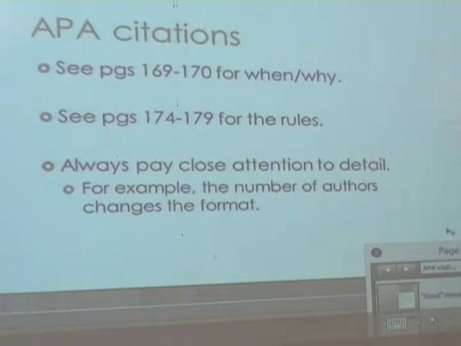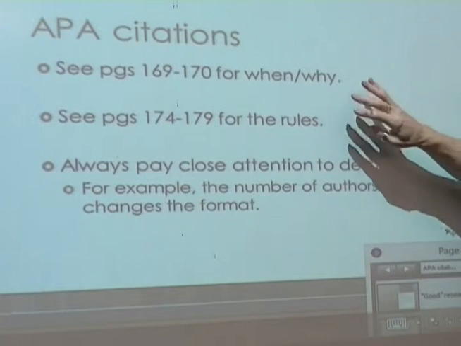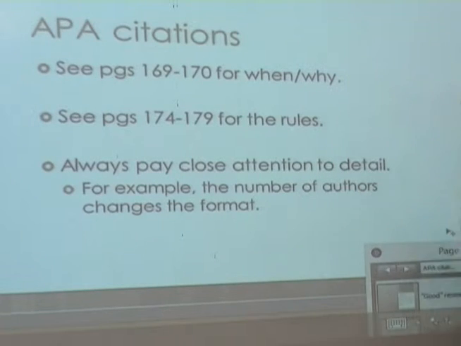So if you look on page 169 and 170, APA tells you when you have to cite. It ties back very, very closely to the idea of plagiarism that we started talking about last week. All right?